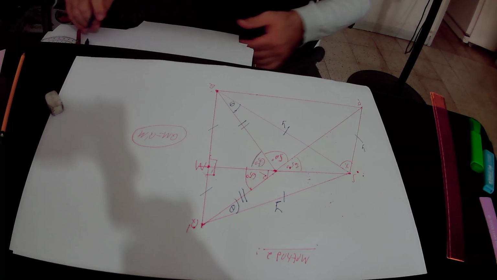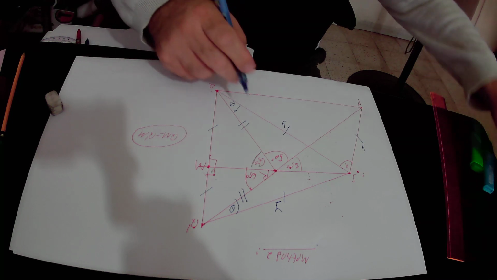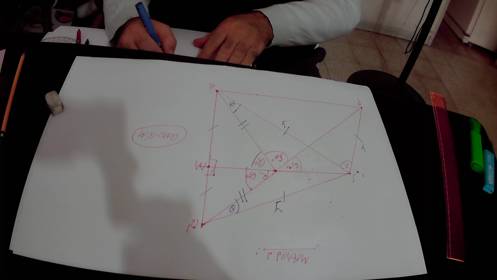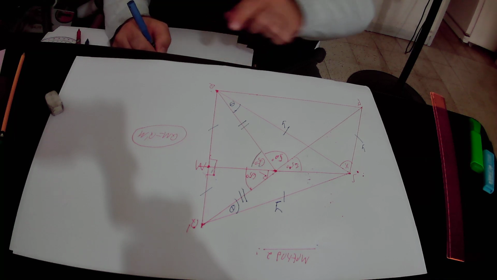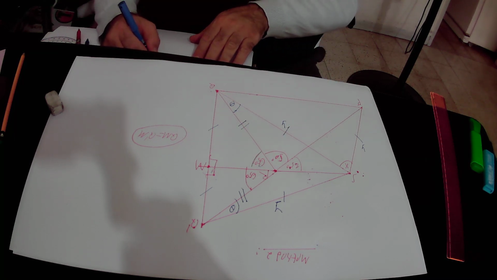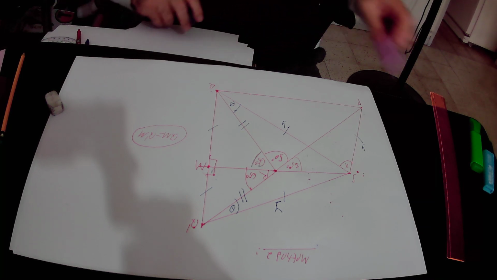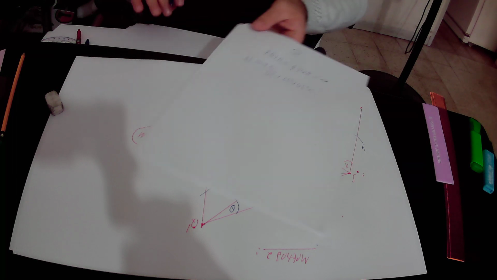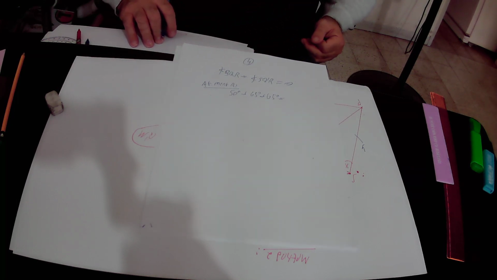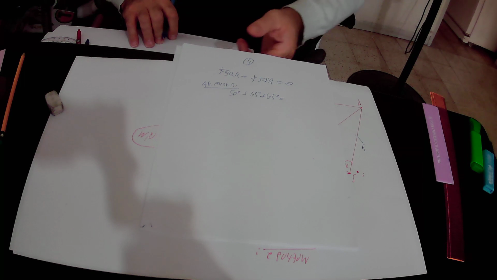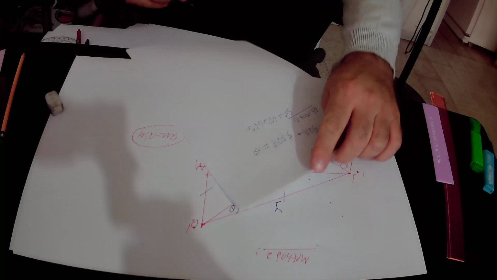At point R we have 50 degrees plus 65 degrees plus 65 degrees. Okay, so those are the angles that we have at point R. So 65 degrees plus 65 degrees is 130 degrees, and 130 degrees plus 50 degrees equals 180 degrees.